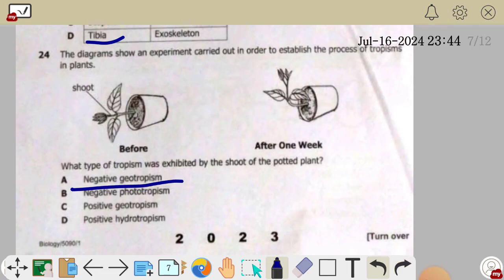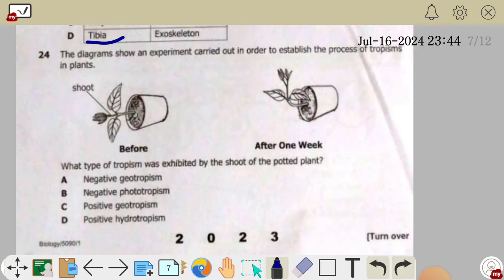So A, negative geotropism, B, negative phototropism, C, positive geotropism, D, positive hydrotropism. So hydro means growing toward water if it is positive. So hydro is water, geo, gravity, and photo, that is light. Okay, so if it is growing towards that stimulus, then we say it is positive.